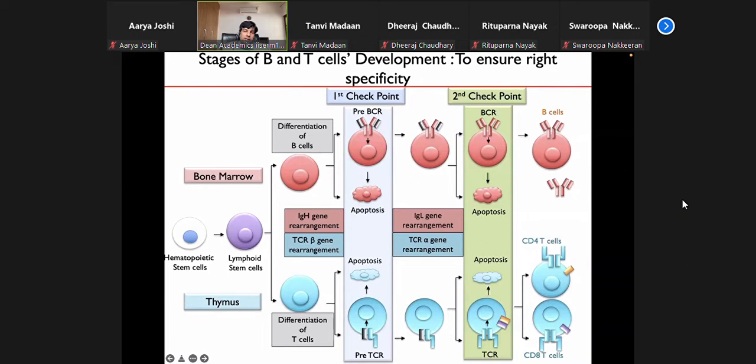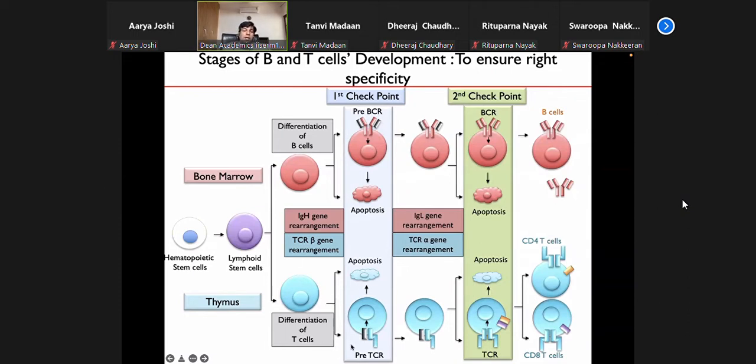Initially, just like for B cells, where the initial rearrangement is for the heavy chain and then the light chain, for TCR the first rearrangement has to happen for the TCR beta gene, and then the TCR alpha gene. Now, there is a lot of similarity in developing B cells and T cells, as they have to follow the process of their differentiation in primary lymphoid organs. For B cells, this is in bone marrow, and for T cells, this is occurring in the thymus.